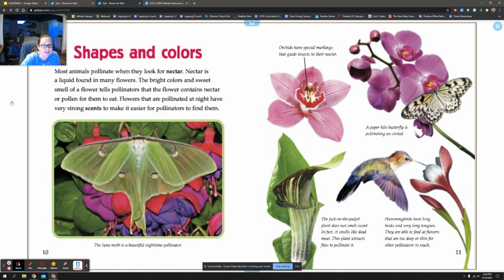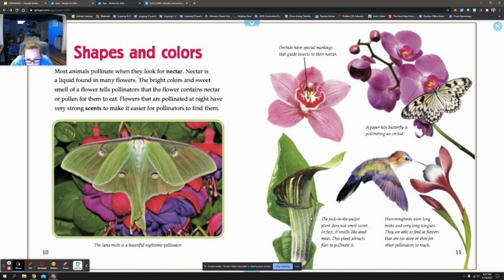Flowers that are pollinated at night have very strong scents to make it easier for pollinators to find them. The luna moth is a beautiful nighttime pollinator. Orchids have special markings that guide insects to their nectar. A paper kite butterfly is pollinating an orchid.